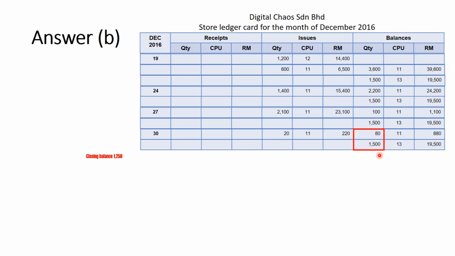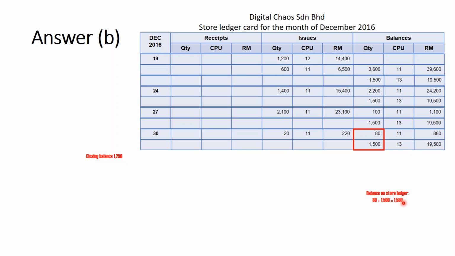First, we have to calculate how much is the balance that we have on our record. So based on the balance on the store ledger, 80 units plus 1,500 units, we get 1,580.